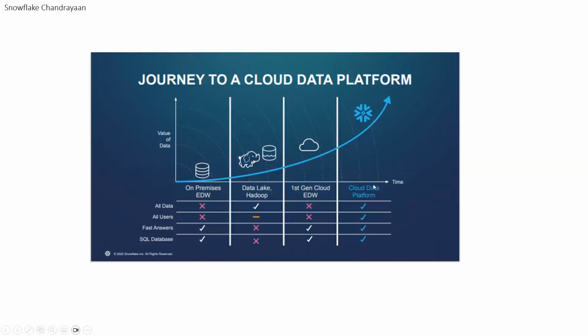When they use this cloud data platform, all the data and all the users work with a SQL database, and you get fast answers with a very quick response time. That's the thing you get with Snowflake, basically. That's the reason we are transitioning ourselves to a cloud data platform.